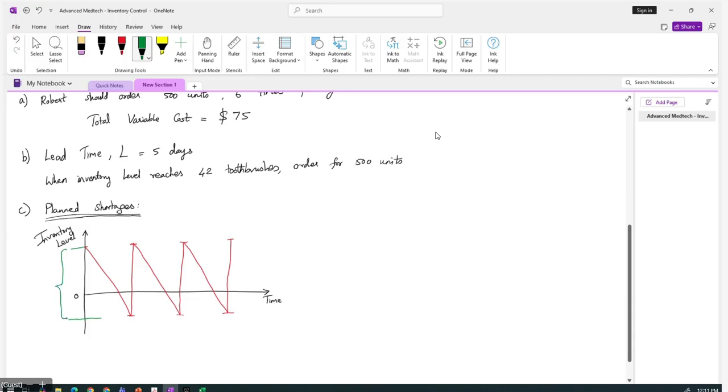This will be your order quantity Q. The gap between this and this is your S. What is S? S is the optimal shortage that you are willing to allow. I hope you understand the context.